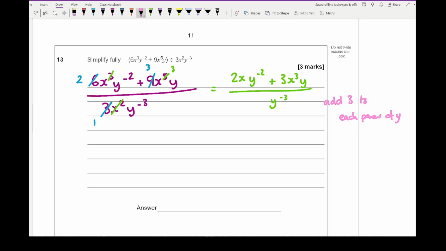So that then becomes y to the power of 0, and that's just 1. That turns into just a single y, and that is going to turn to the power of 4. So my final answer will look like 2x y plus 3x cubed to the power of y to the power of 4. And there we go.